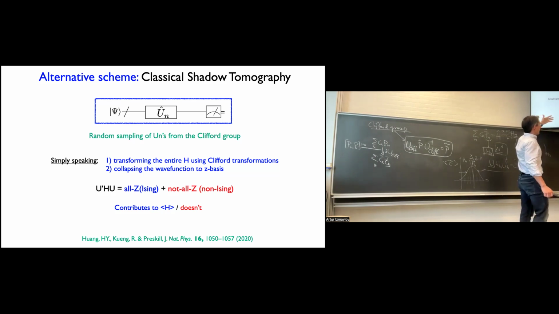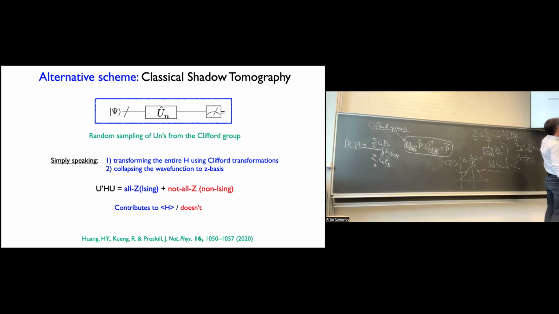So what happens in reality is that when you apply a random unitary, the number of Pauli products in the Hamiltonian stays the same, but the Hamiltonian transforms into, well, there will always be some trivial part, like it's only Z terms, and there will be a part that is not entirely Z terms, but X and Y's as well, right?